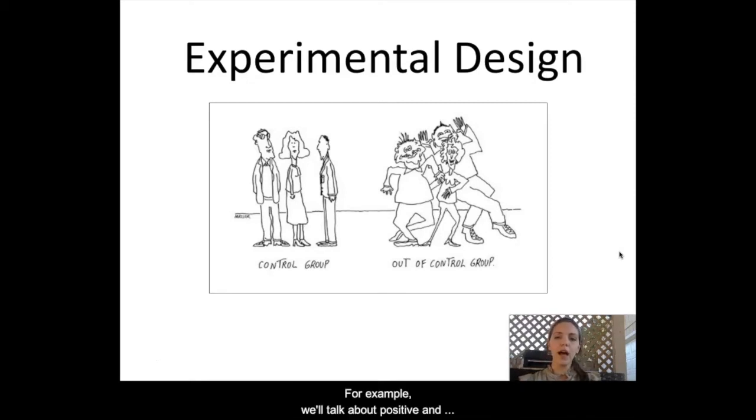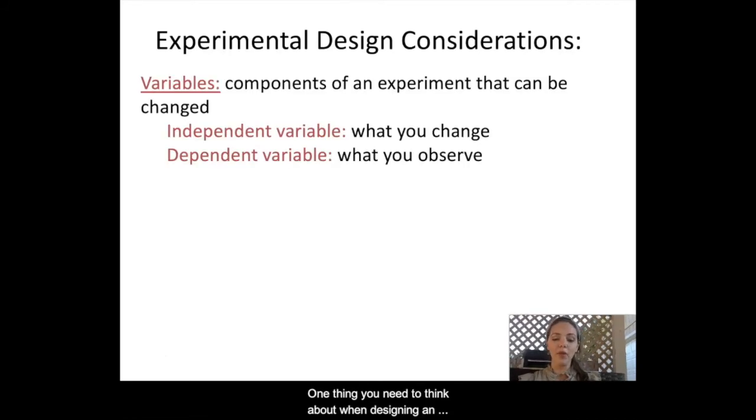For example, we'll talk about positive and negative controls, and you'll see these words pop up in our osmosis lab, and the enzyme lab, and the photosynthesis lab, and more. Okay, so you'll want to recognize these and what their purpose is. All right, so one thing you need to think about when designing an experiment are the variables.